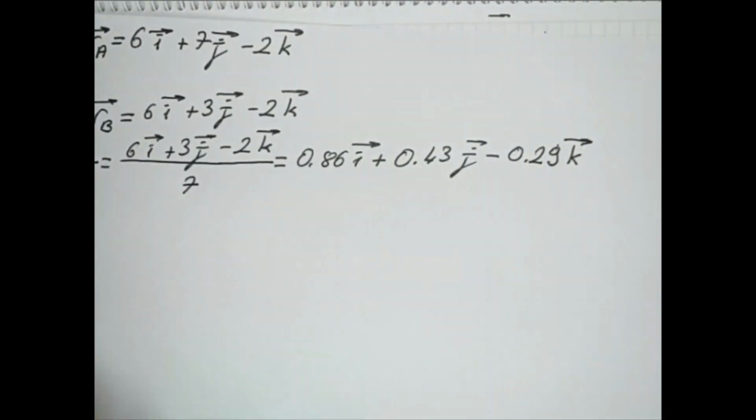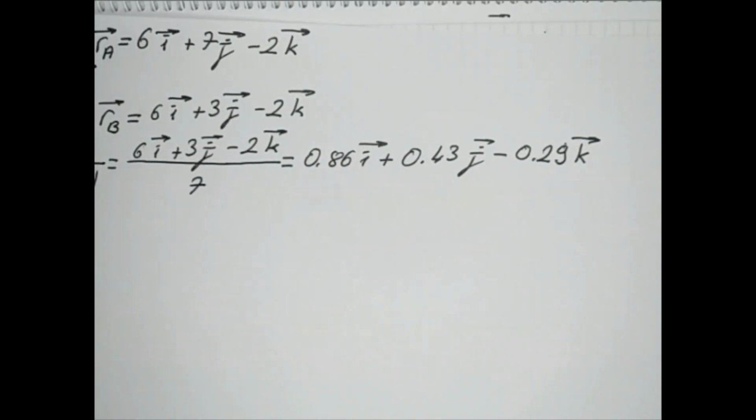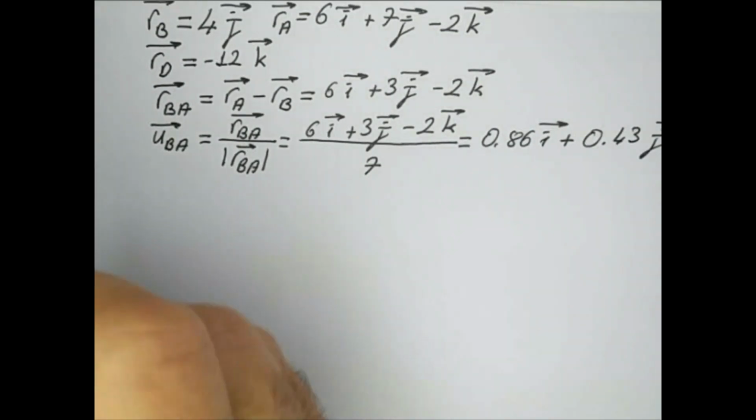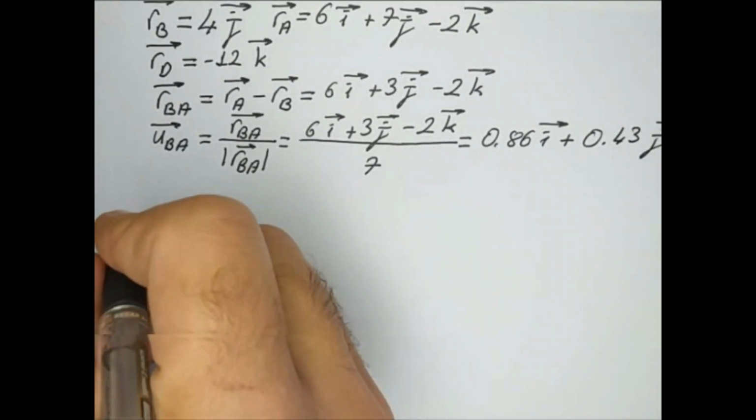Now let's calculate the unit vector from A to D. UAD will be calculated now.